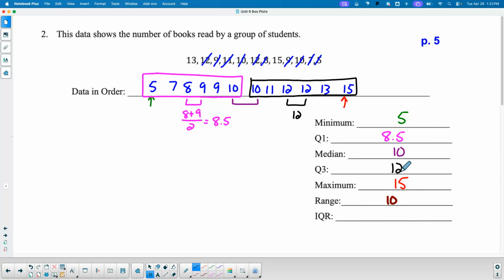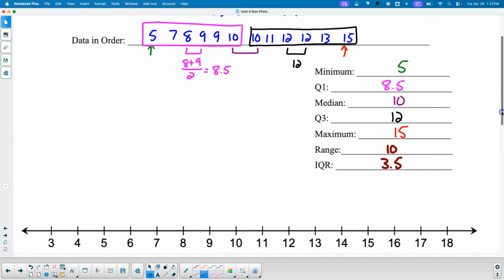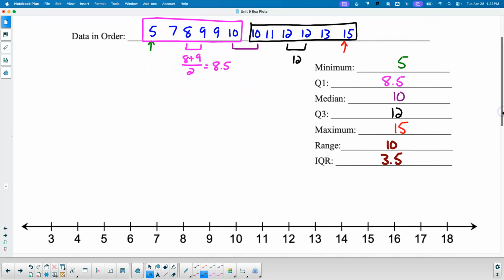Which means my IQR is 3.5. 3.5. Dot at 5.